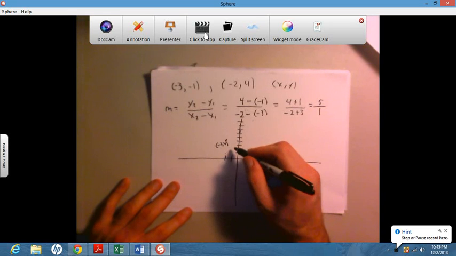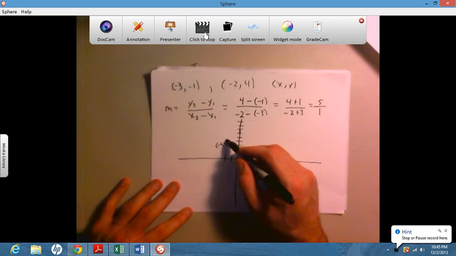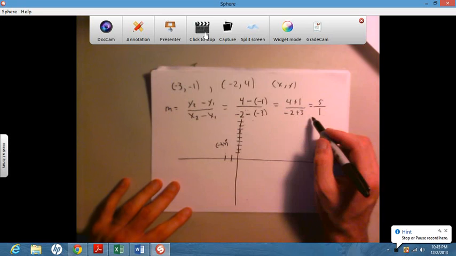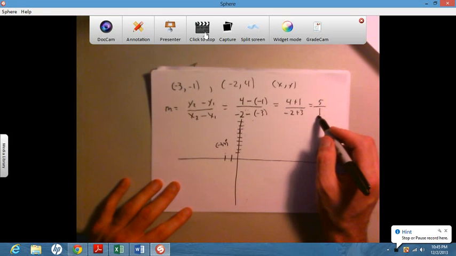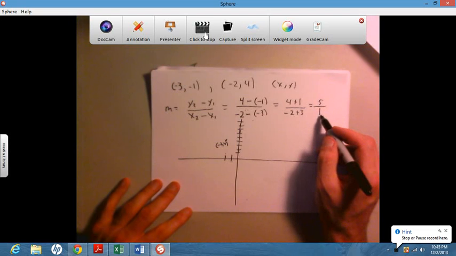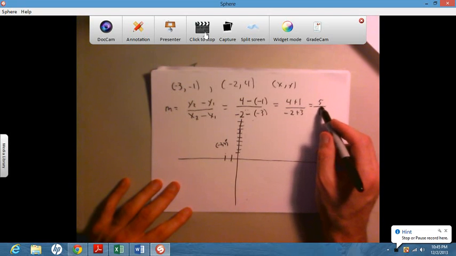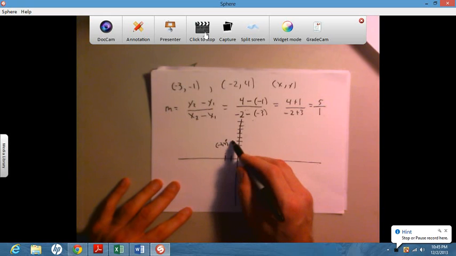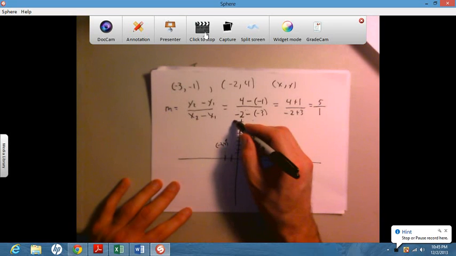Now, in order to get to another point, I can go 1 point to the right and 5 points up. Change in x is 1, change in y is 5. So I'm going to go 1 point to the positive and go 5 points up, 1, 2, 3, 4, 5, which is this point over here.